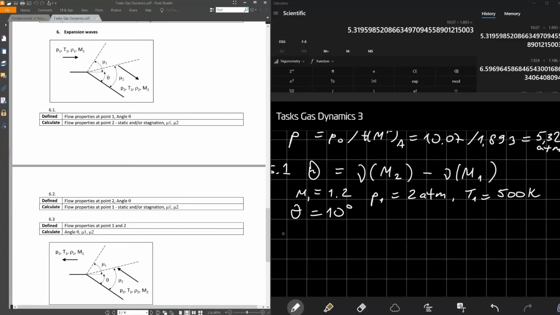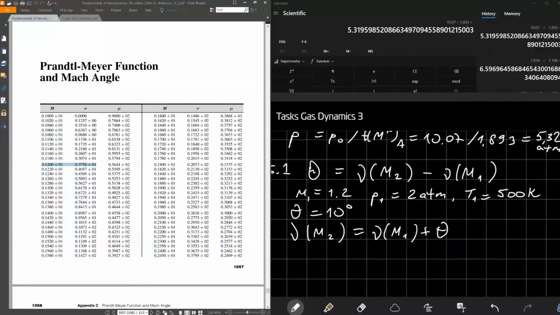So the nu of Mach 1.2, the Prandtl-Meyer function at Mach 1.2, will be found as, okay, let's see, is this 3.5, 3.6, okay, 3.6 plus 10 degrees, so it's 13.6 degrees. We find this 13.6 in the table.